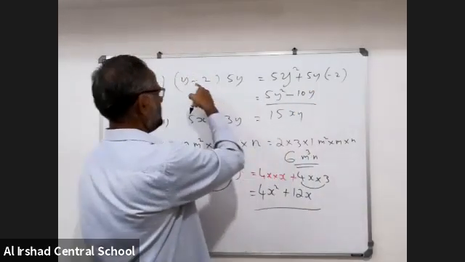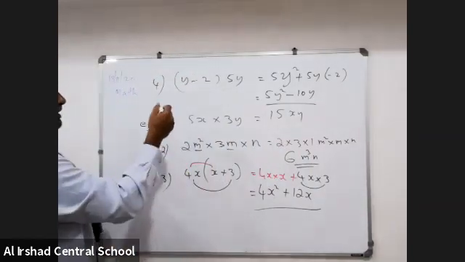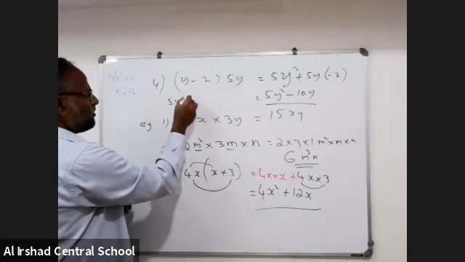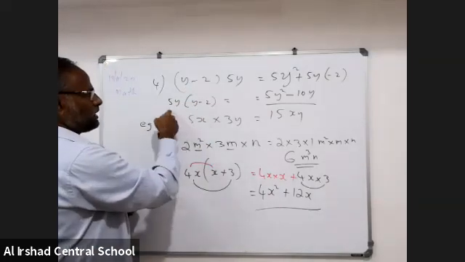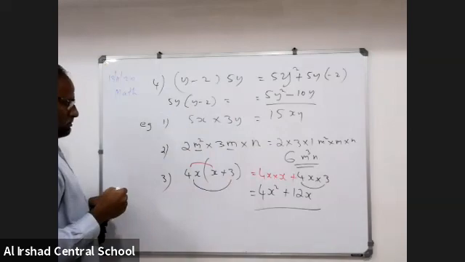Underline that because of this minus. If you are confused, it is exactly the same as 5y into y minus 2. The answer is 5y square minus 10y.